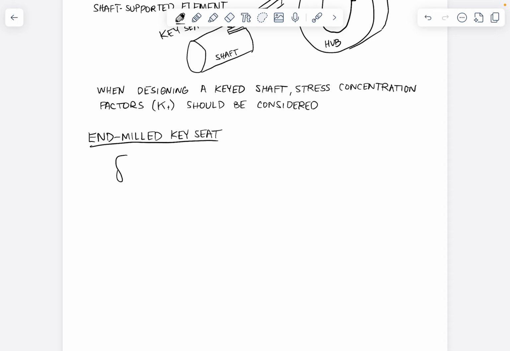So here's what it looks like from above. Sort of a rounded end, rectangular shape. And then from the side, it has these straight edges to it.